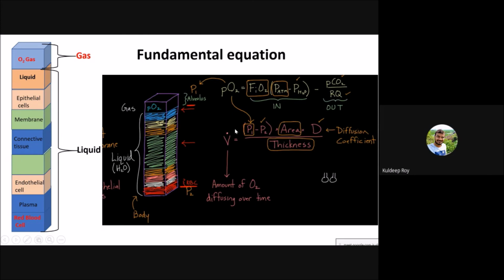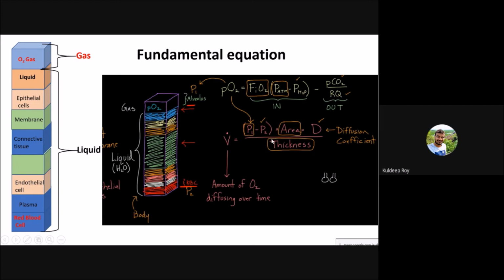Then if someone asks how much is diffusing over time, how will you determine that? This is called the amount of oxygen diffused with respect to time. P1, how much you are entering, this particular region P1, this will be the partial pressure of the oxygen, and here will be the pressure P2.